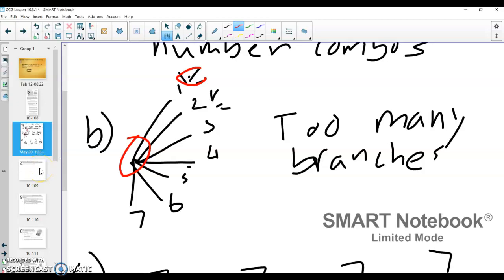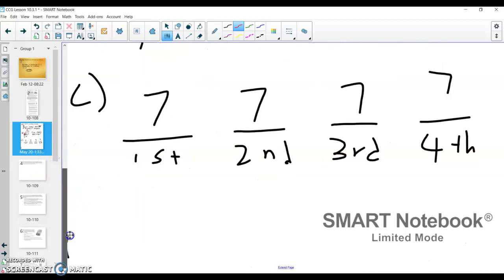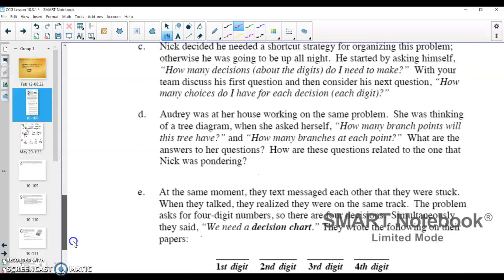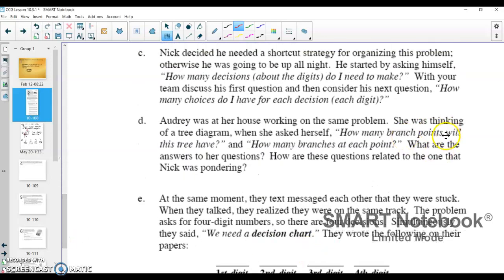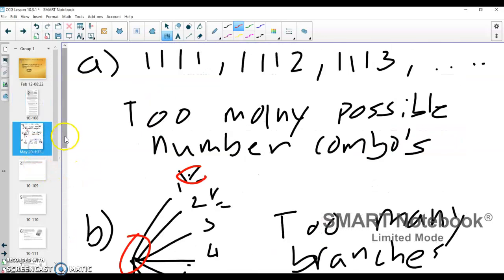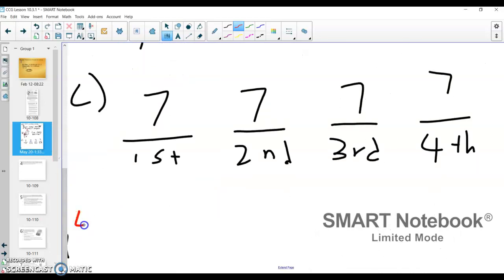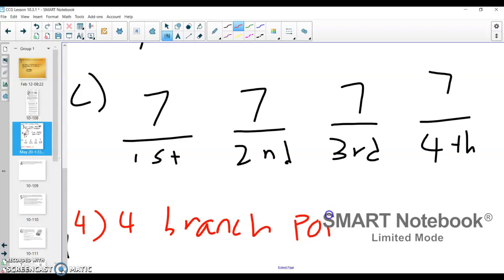So 4 for the decisions, 7 for the choices, and so the way that they say it, so I can say it correctly here, how many branch points will the tree have? It'll have 4 branch points.